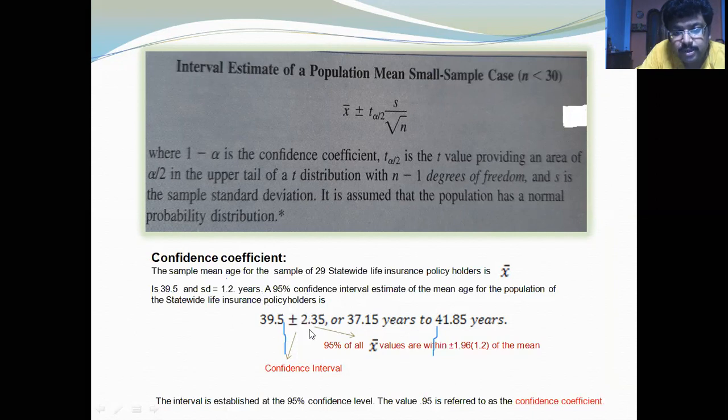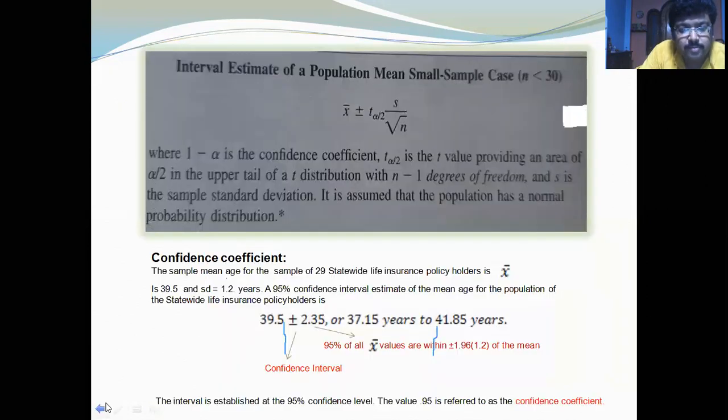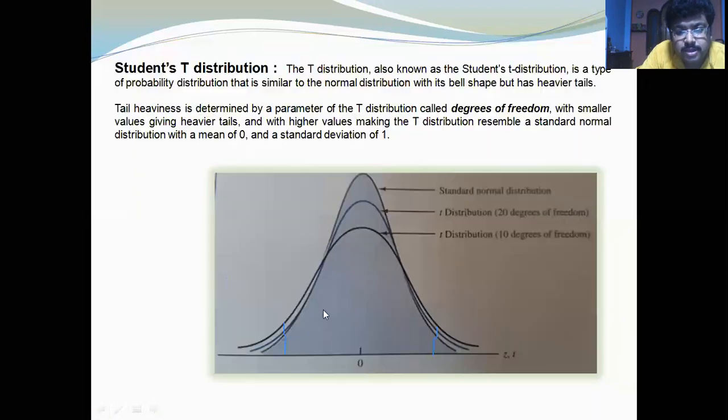With this sampling error, the 95% sampling mean, with 2.35 years, the sampling mean differ from population mean.